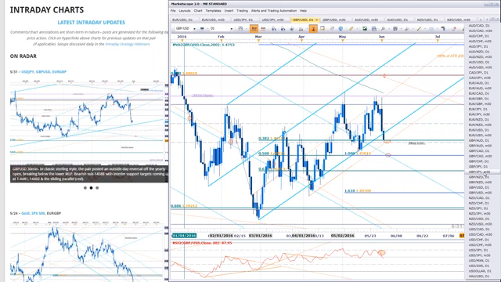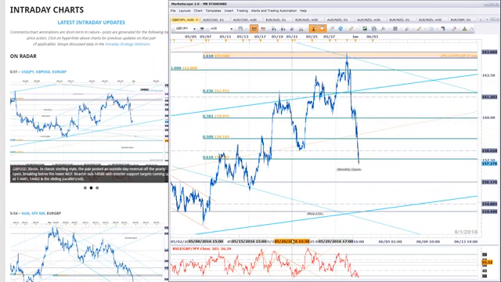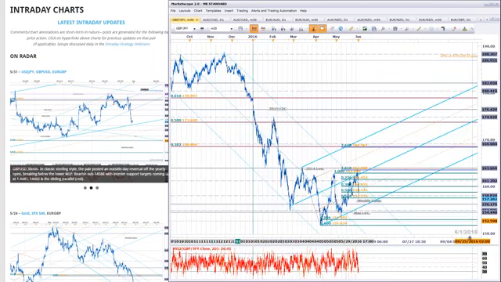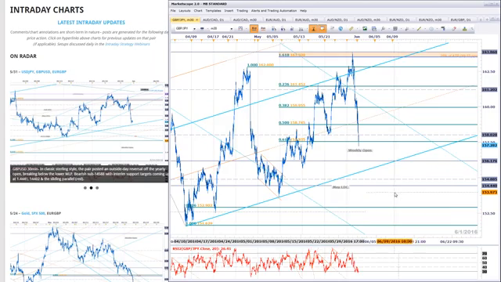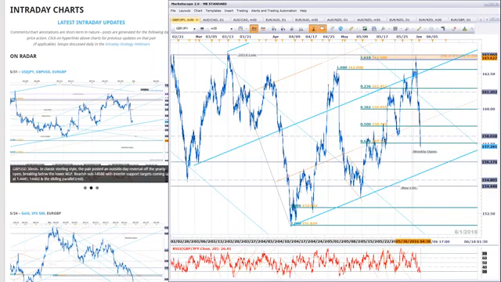Let me go back. I'm not sure. Did I cover the scalp chart? See if I can update this for you real quick. So big resistance. We talked about this earlier, I think.